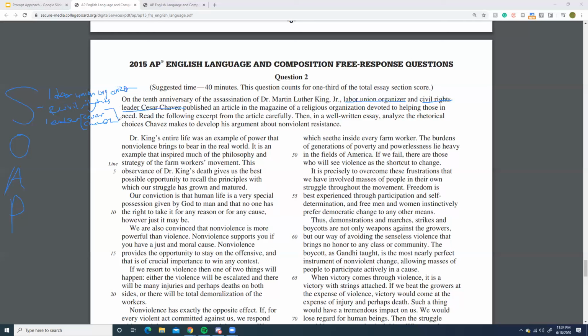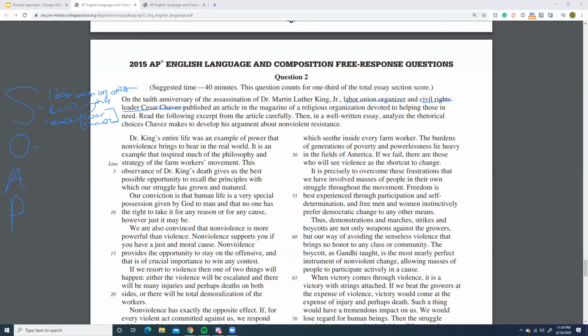However, I wanted to make sure we note the descriptions given about him, because it also helps you identify who the speaker really is, what he stands for, and what he actually does. It definitely shows that he stands for civil rights, and what he does is organize labor unions.